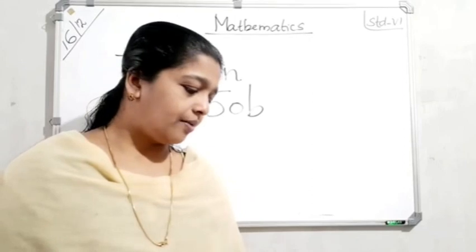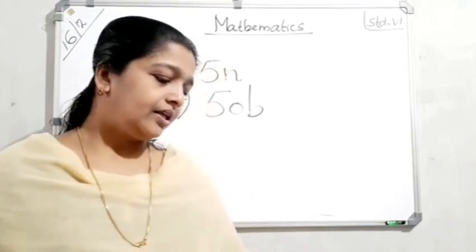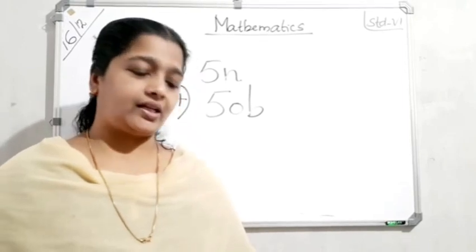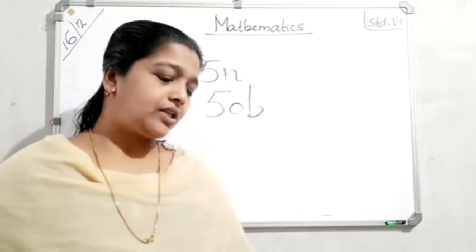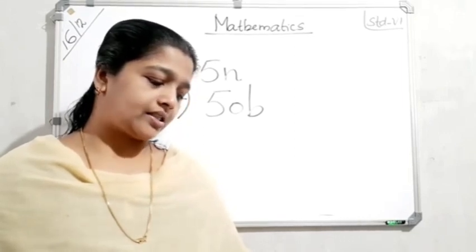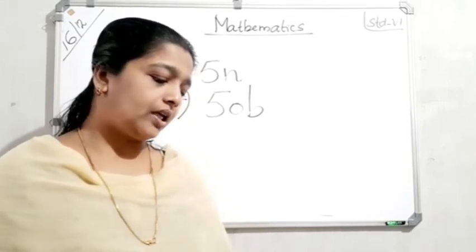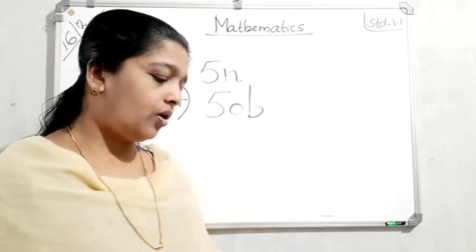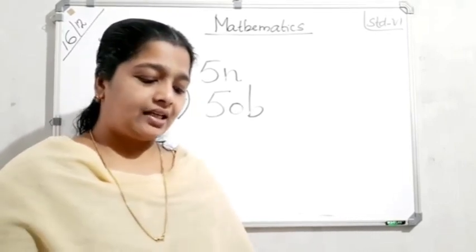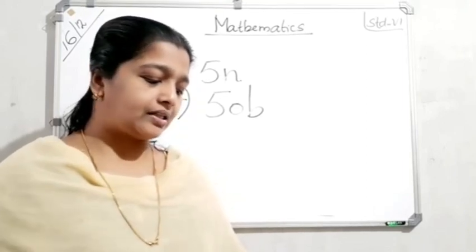Next, question number 5. The teacher distributes 5 pencils per student. Can you tell how many pencils are needed given the number of students? Use S for the number of students. Once more, the teacher distributes how many pencils per student? Yes, each student 5 pencils.